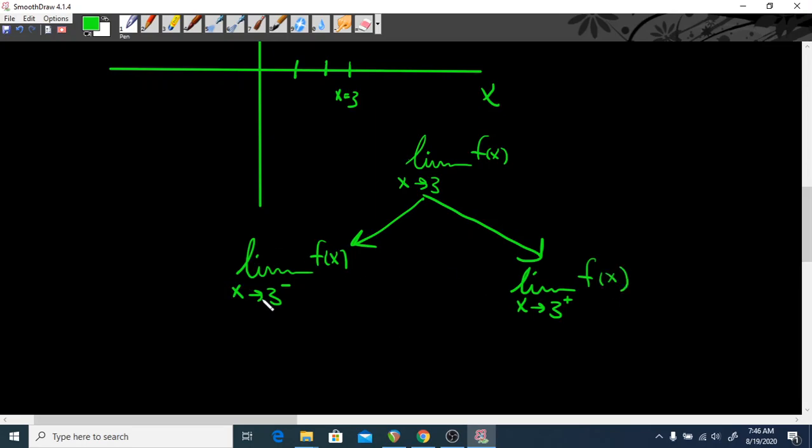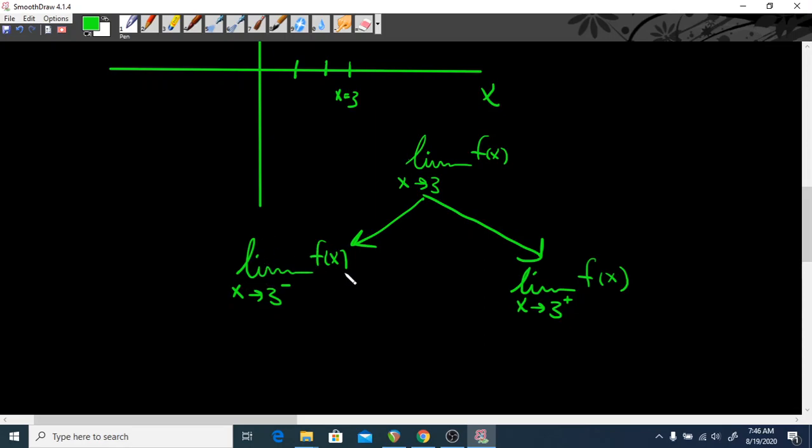Okay, so the way that we read this is the limit as x approaches 3 from the left of the function f. And then here on the right, this says the limit as x approaches 3 from the right of f of x.